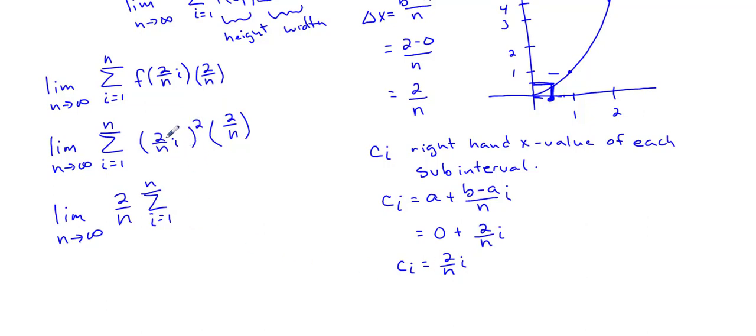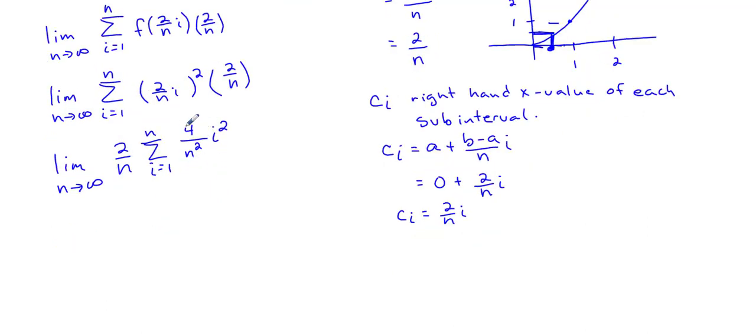Okay, so if we take the power of this, that'd be what? 4 over n squared times i squared, right? Do you guys notice we can bring something else out now too? We have 4 over n squared times i squared. Well, this is a factor that does not have i in it. Let's bring that out in front now.